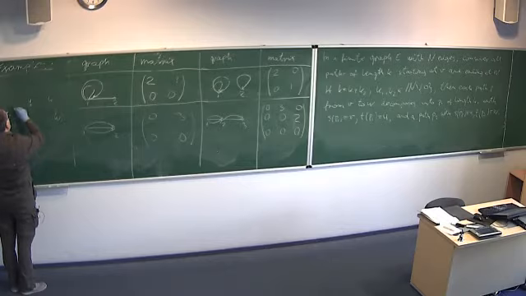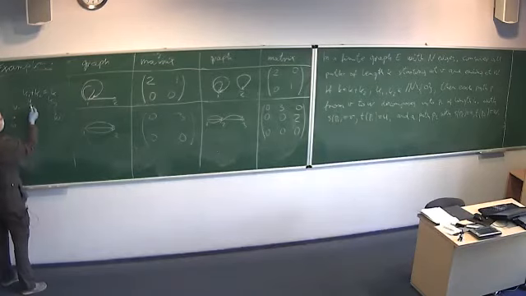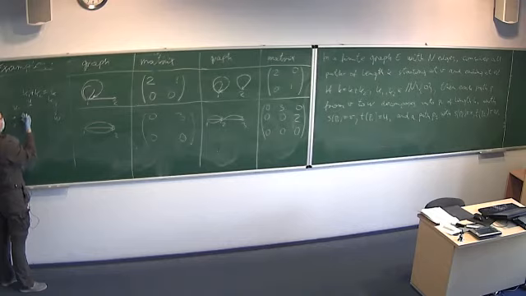So this will be a path of length k1, and this will be a path of length k2, with k1 plus k2 equal to k. It's always possible to decompose such a path of length k into two paths. So this is P1 and P2, and if you want P1 times P2 is equal to P.